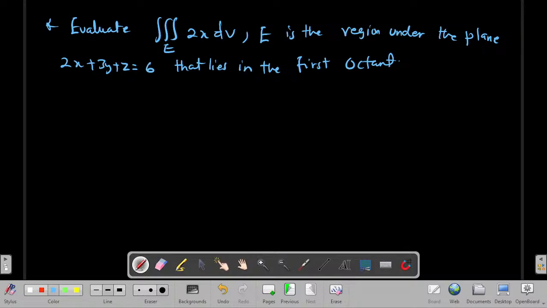Evaluate the triple integral of the function 2x over the region E, dV, and E is defined as the region under the plane 2x plus 3y plus z is equal to 6.